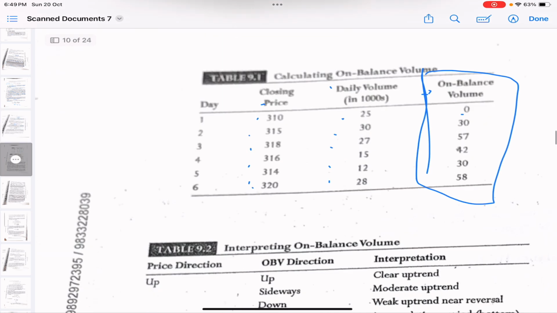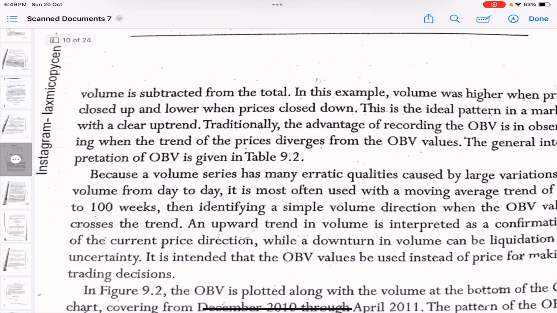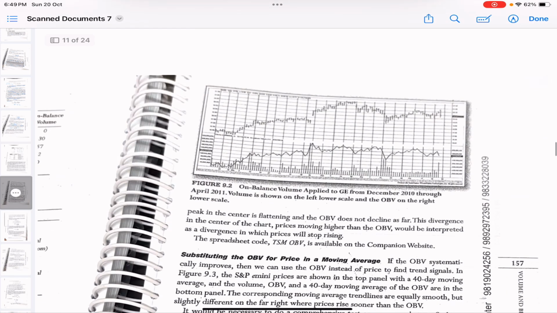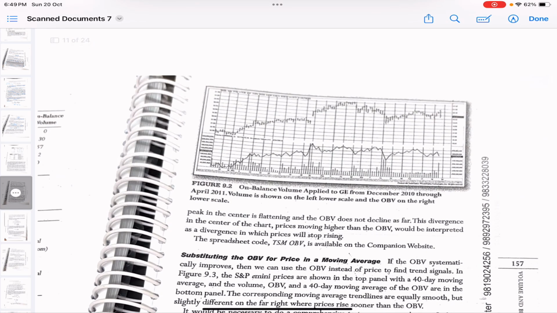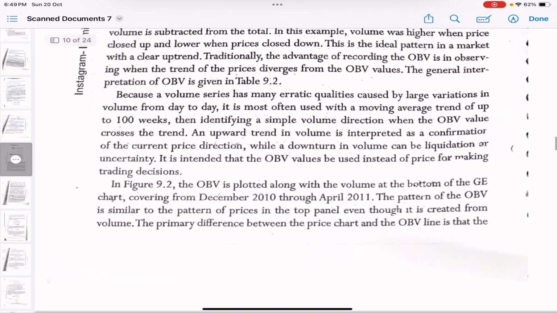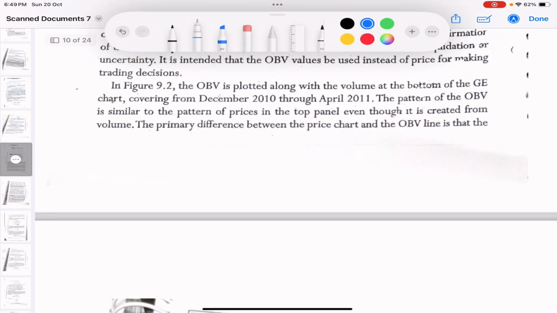Let's move on. Okay, now let's discuss what is given in figure 9.2. Before that, let's read what they are saying, okay? In figure 9.2, the OBV is plotted along with the volume at the bottom of the GE chart, covering December 2010 to April 11.